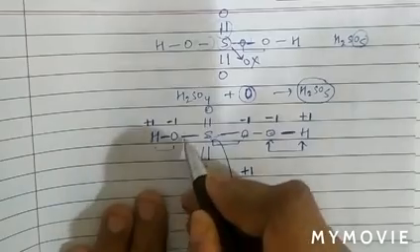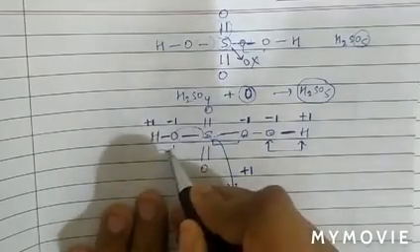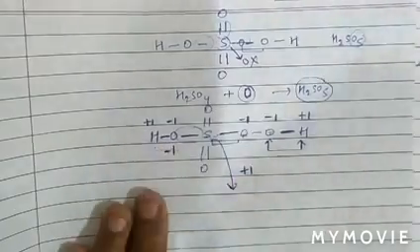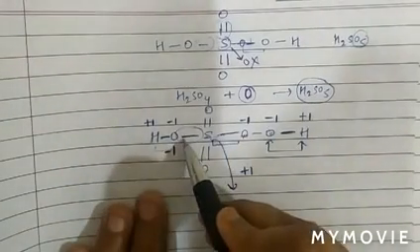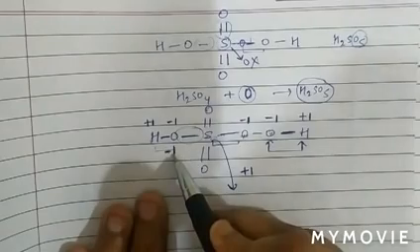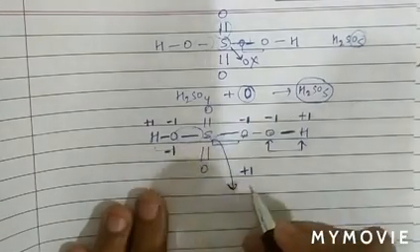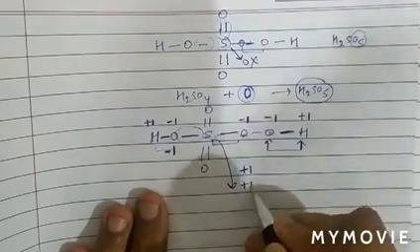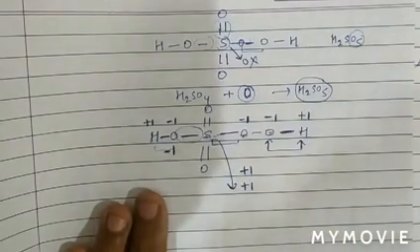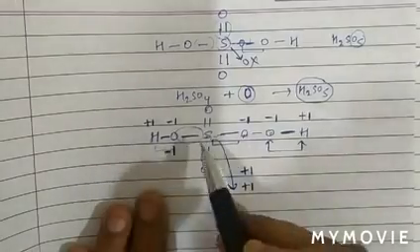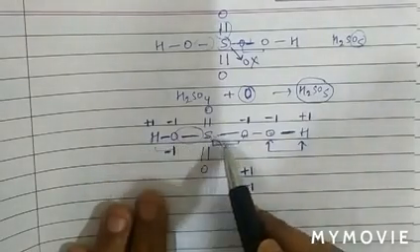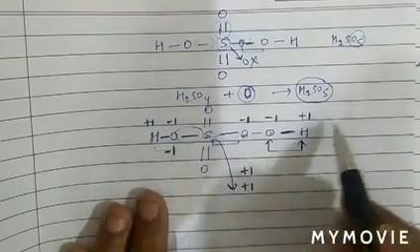So again due to this bond oxygen will get -1 charge. Now when oxygen gets -1 charge, then sulfur will get how much? Then sulfur will get +1 charge. So basically we have seen all the contribution of oxidation number in the horizontal line.